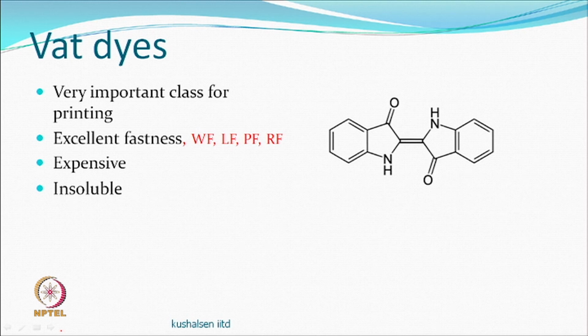So, you can appreciate anything which does everything right will be expensive, not just as a dye, but also the whole process. You have reduction, oxidation, all that has to be done. So, they are good for printing, cost is high, so no problem, you should be able to use them.